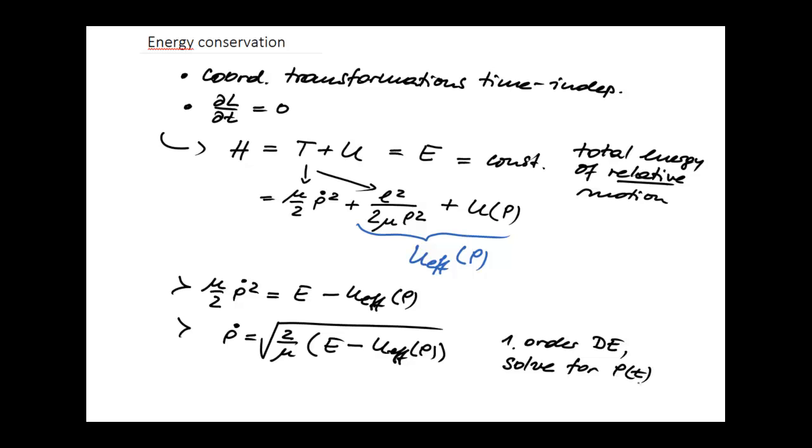So here we are back to the procedure that we had at the very beginning of the semester when we started out with one-dimensional problems as the very simplest examples. We considered problems exactly of that form. We used energy conservation in order to find the solution of our problem.